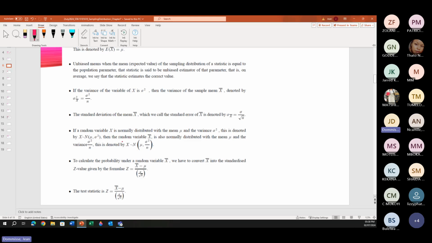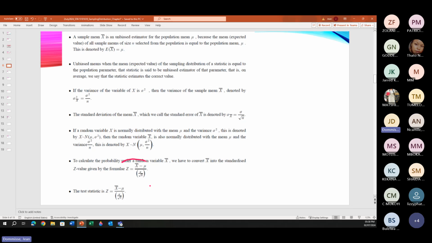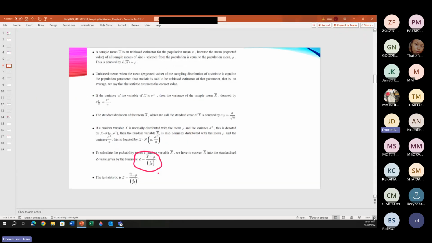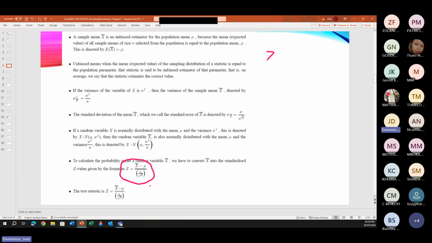What is also important is that the way we work out the Z has now changed slightly. When we were looking at the population, the formula for the Z was just your X minus your mean, divided by the standard deviation.